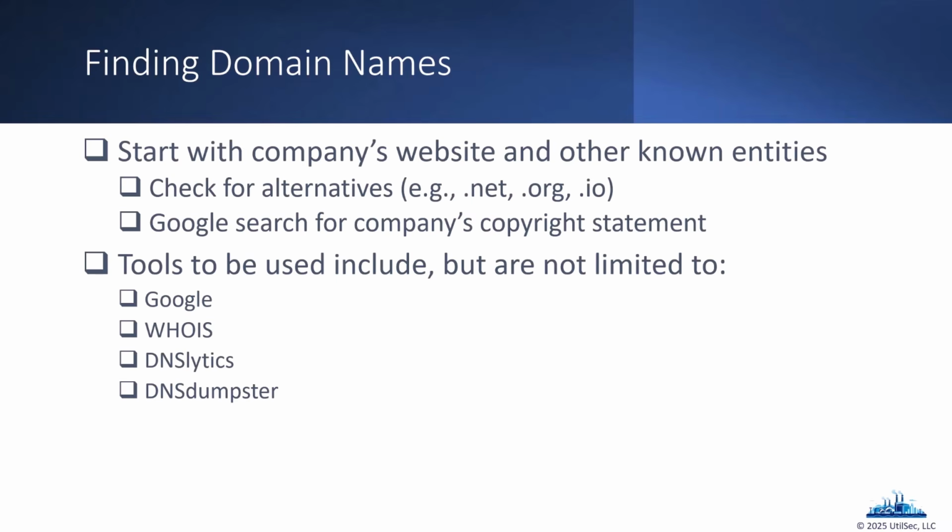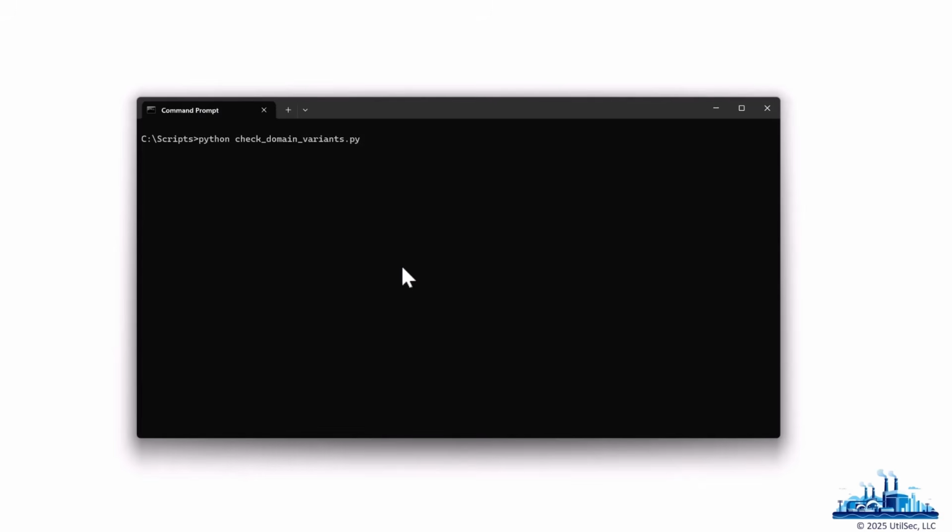And so we can use different types of tools to map those out. There's actually a script in the course materials, one we created with ChatGPT, that checks for you. As I mentioned earlier, it's called check domain variants.